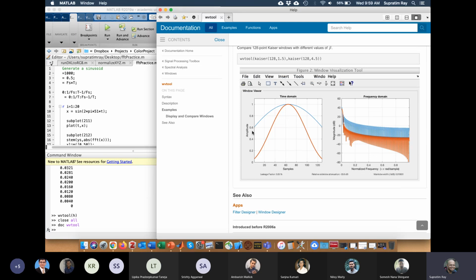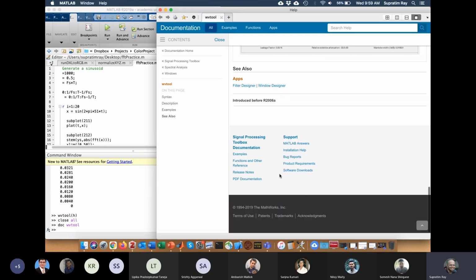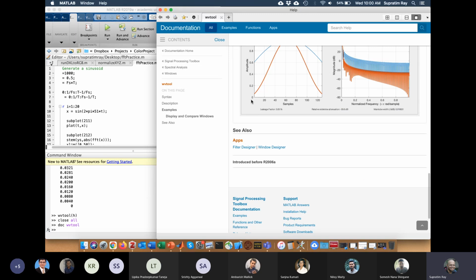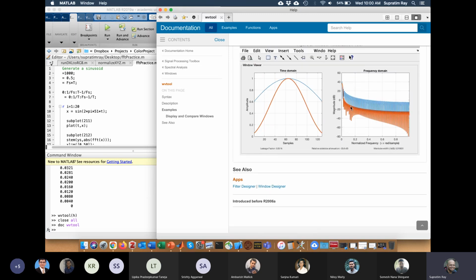Here the distortion is less in the time domain, but in the frequency domain the side lobes are larger as compared to this. You can go to the window designer or filter designer and just play around. Design different filters, multiply windows with the signal, see how it distorts. It's unbelievable how much you can learn by just doing this.